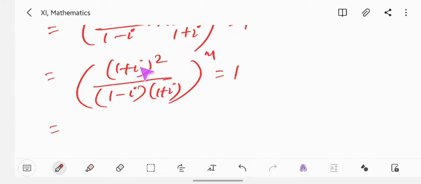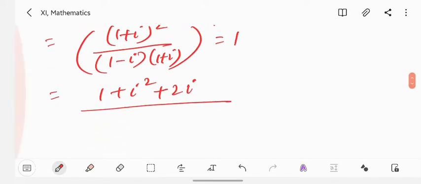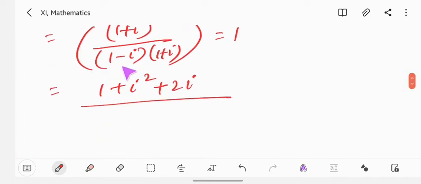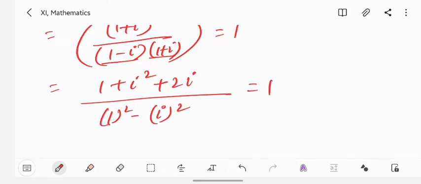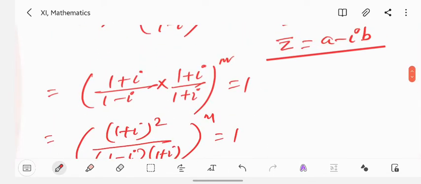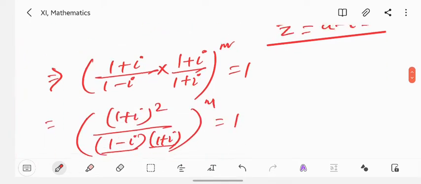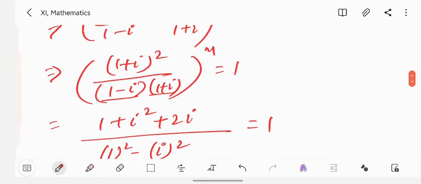Use the identity a plus b whole square, you get 1 plus i square plus 2i, divided by, this is again another identity, 1 minus i, 1 plus i, a minus b, a plus b, which is a square minus b square. Put implies sign here because there is already an equal to sign.